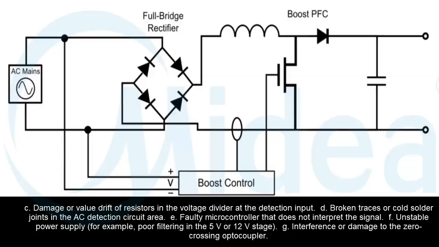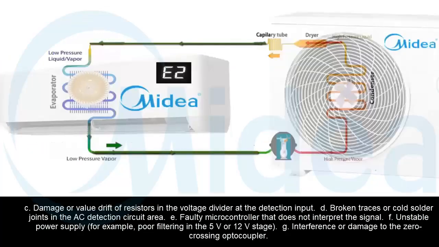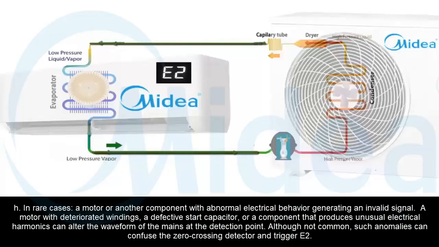F. Unstable power supply, for example, poor filtering in the 5-volt or 12-volt stage. G. Interference or damage to the zero-crossing optocoupler. In rare cases, a motor or another component with abnormal electrical behavior generating an invalid signal.